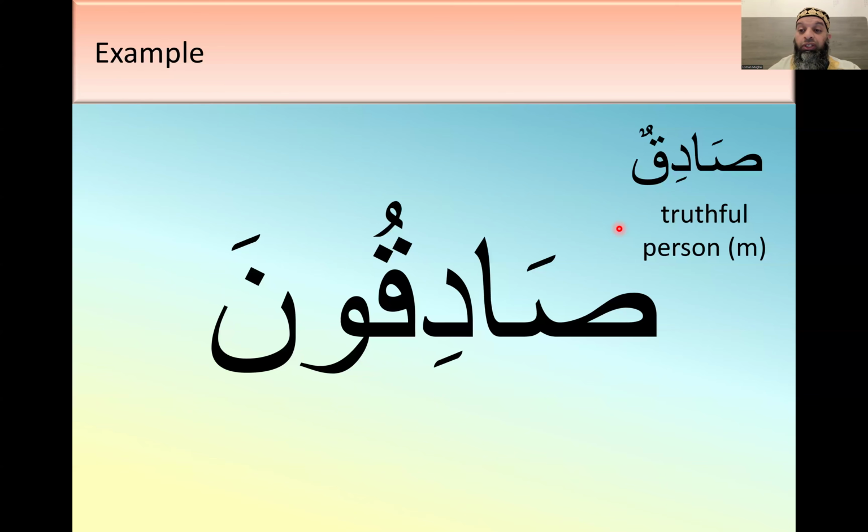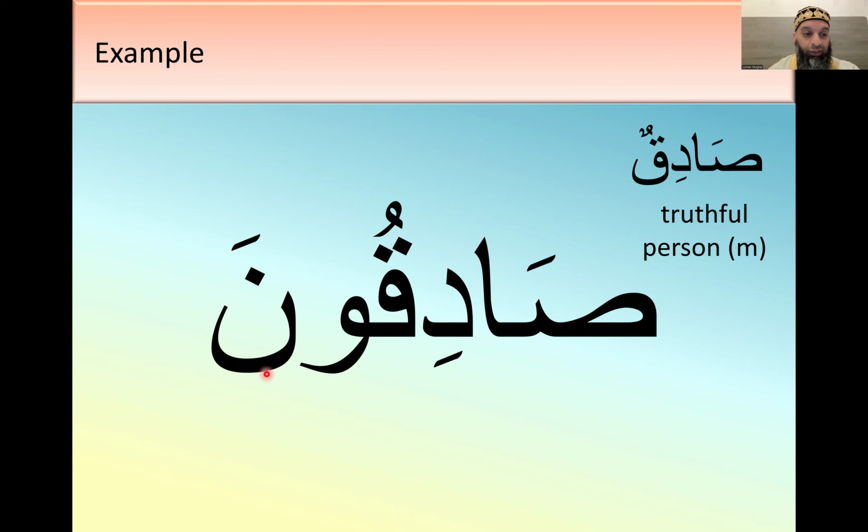Sadiqun. Sadiqun is a truthful person, one who has sidq. Abu Bakr, Siddiq, radiallahu anhu. So sadaqa. Sadiqun means a truthful person. What does sadiquna mean? Is it an easy lesson, or is it tough?